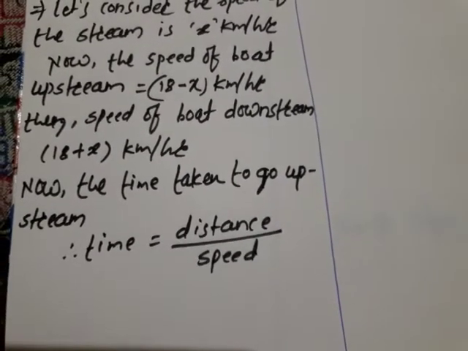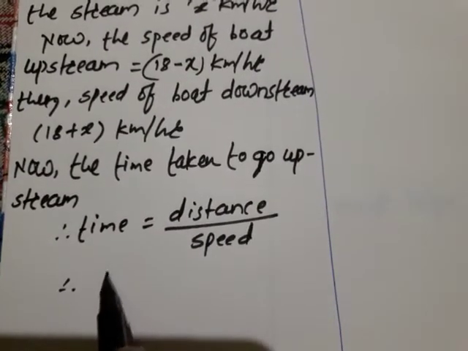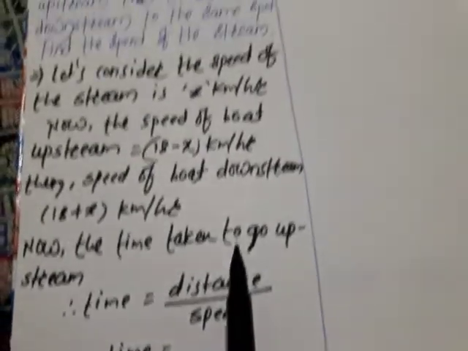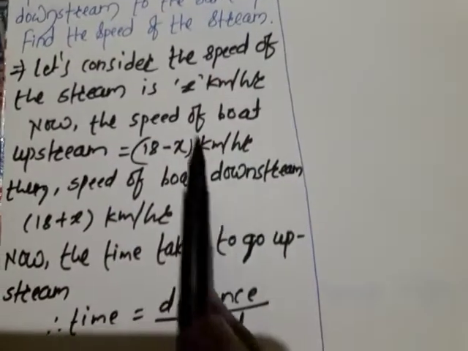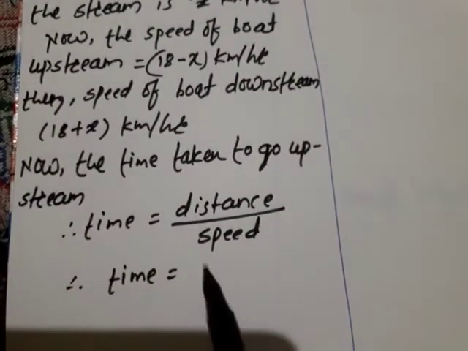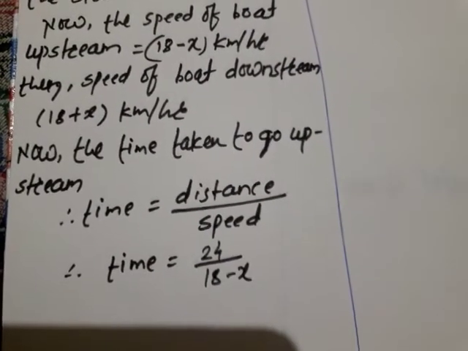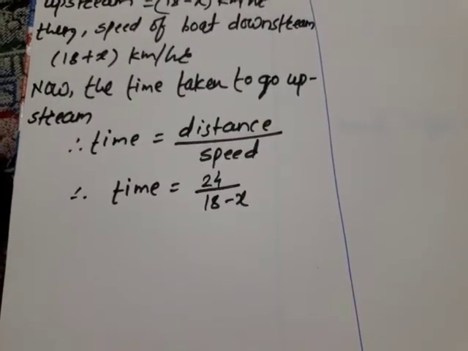Speed यानी कि क्या? Velocity. Therefore time is equal to distance. What is the total distance covered? You know that very well, 24 kilometers. And when it was going upstream, that time what is the speed? 18 minus x, means 24 divided by 18 minus x. Got idea? 24 divided by 18 minus x.